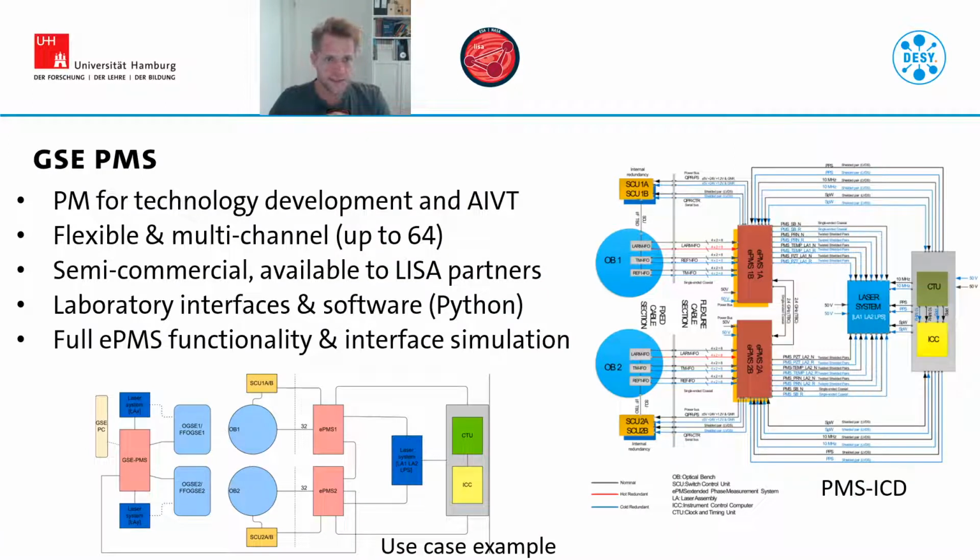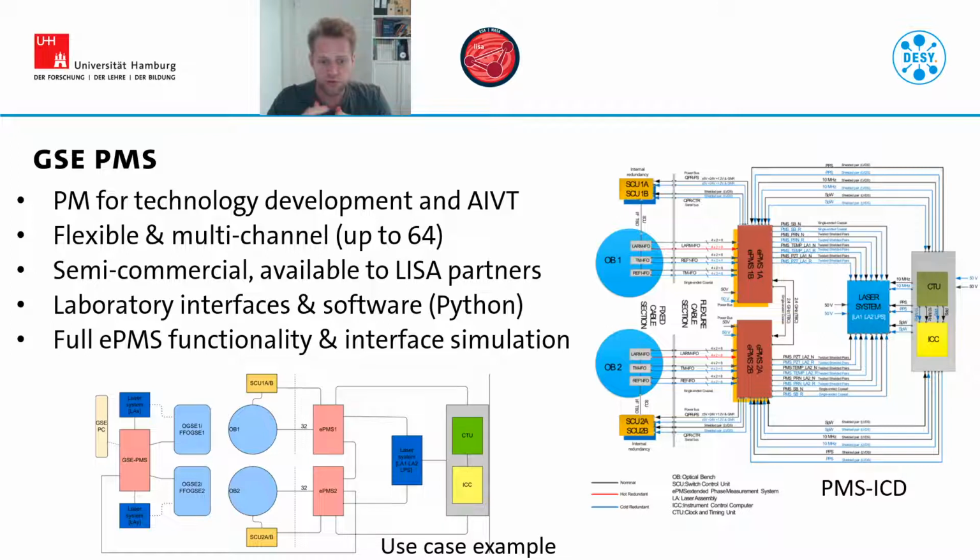So what is the idea behind this ground support equipment phase measurement system? We want to provide a Phasemeter for technology development and assembly, integration, verification, and testing of the mission. The system should be flexible and multi-channel, so we aim for up to 64 channels. We want to provide it in a kind of semi-commercial way, such that it's available to all LISA partners and they can come to us and basically purchase one.